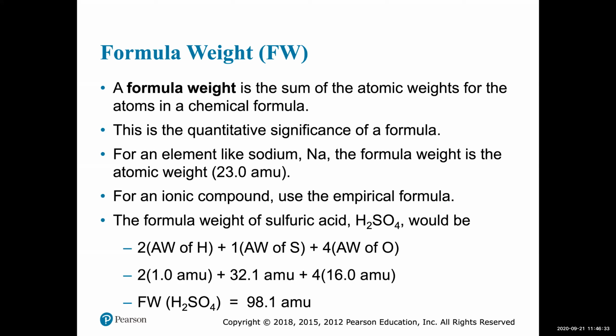So that gives us 2 times the atomic weight of hydrogen, plus 1 times the atomic weight of sulfur, plus 4 oxygen atoms, so 4 times the atomic weight of oxygen. The next line fills in what those atomic weights are.